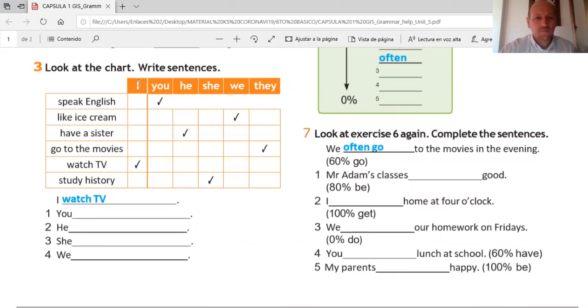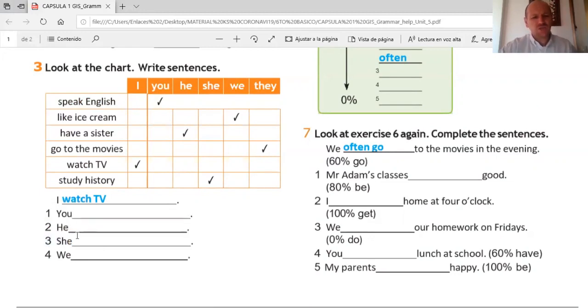I watch TV. I watch TV. Ahí está. Okay, there we go. Number 1. You. Buscamos you. You speak English. And now it's time for he, she.